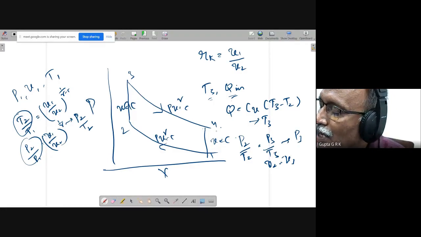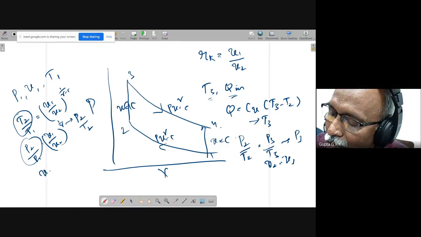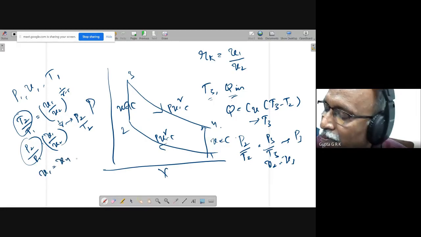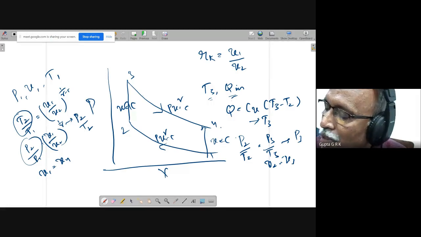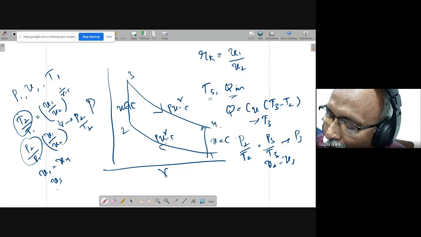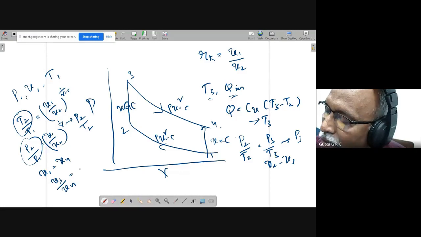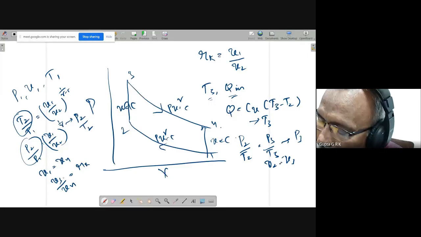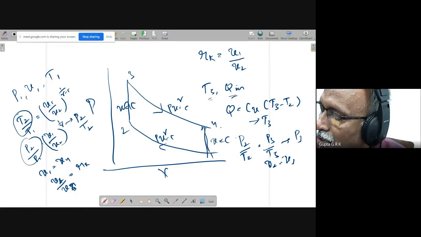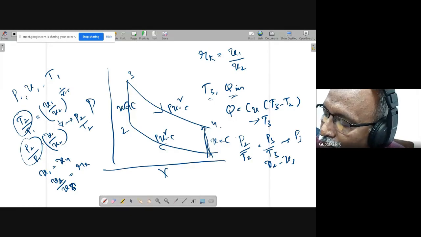And if you want values at 4, because it is constant volume, V1 is equal to V4. So V3 by V4 is V2 by V1 only. V4 is equal to V1 and V2 is equal to V3.